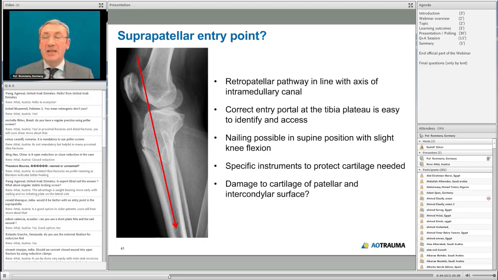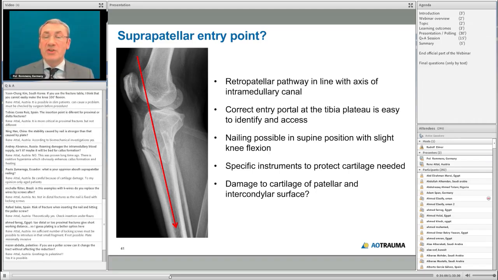So just between the patella anteriorly and the femoral condyles posteriorly. So the question comes up if this is a good candidate for a retropatellar pathway or a suprapatellar entry point.